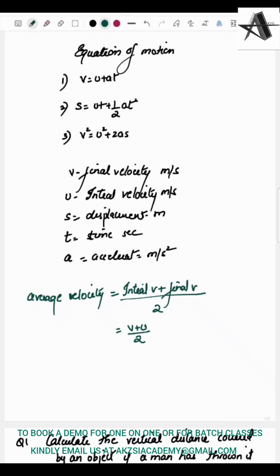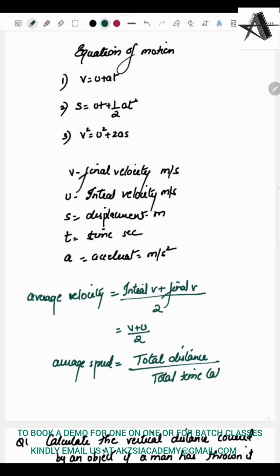You don't just add up or take the mean of four or five different speeds. No, that's not the case. Average speed is always total distance covered divided by total time taken. So this is important.